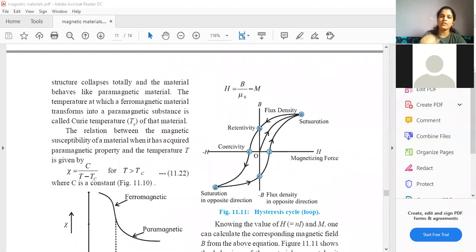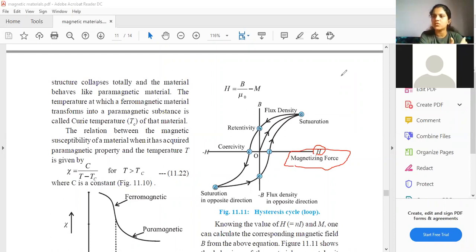First, I'll explain how to draw this graph exactly. In place of H, your magnetic intensity is also called magnetizing force, because magnetic intensity is the cause for magnetization. Magnetization is when you keep a material inside that solenoid or inside an already present magnetic field, and it acquires magnetic properties.